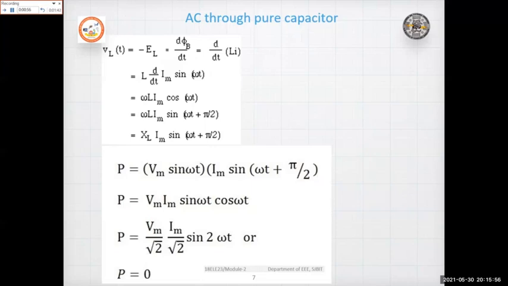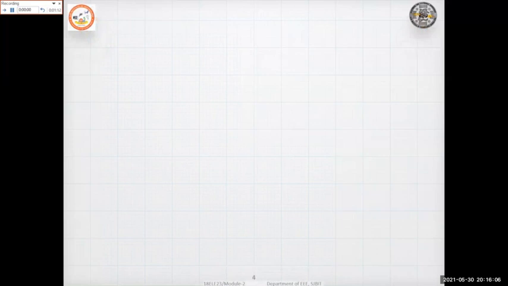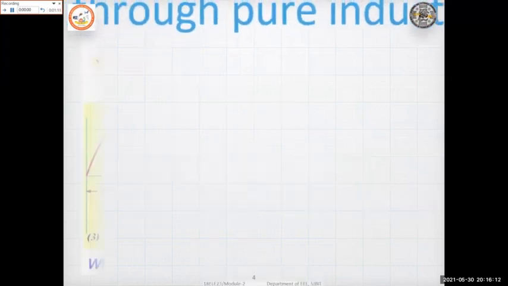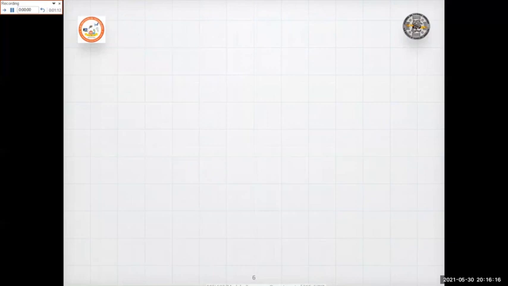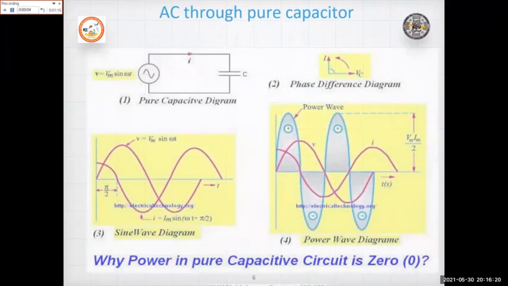It can be observed from the figure that when the power curve is positive, look at the diagram.